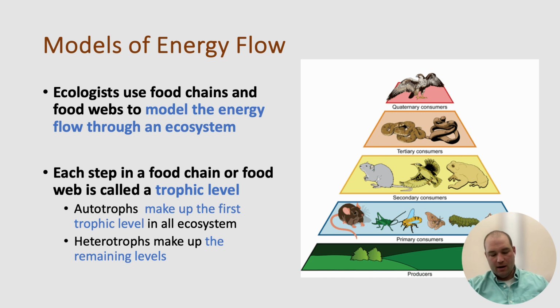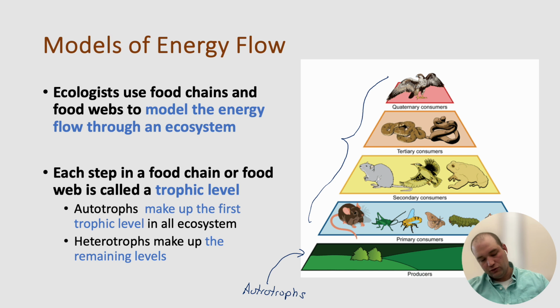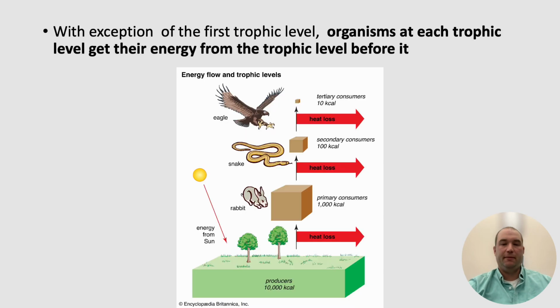Now, at the bottom of a trophic level, that is where our autotrophs are found. These are the ones like plants that are making their own energy. Heterotrophs, which are organisms that are consuming their food, make up the rest of these levels on the food pyramid.